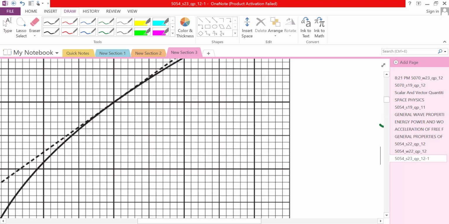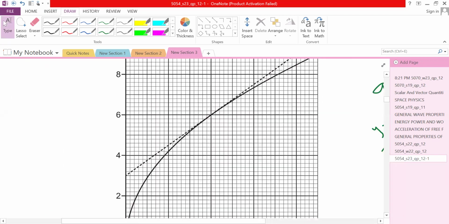So take any 2 points on the tangent. The tangent is already drawn at 10. The first point I took is 10, 6 and the second point I'm taking is this one, 0, 3. Okay.